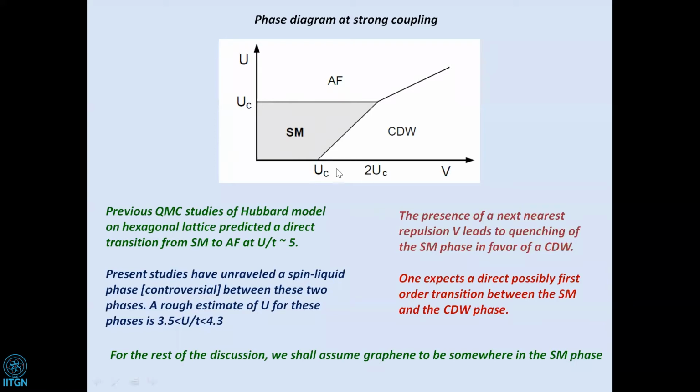And it is seen that you can have nearest neighbor interaction, which is this V, and on-site interaction, which is this U. And as you increase this U or V, you go either into a charge density wave phase, if V is strong compared to U, or into an antiferromagnetic Hubbard-like phase if U is large compared to V. Now, apparently, it turns out that the critical U, so suppose I set V to 0 and only put U, the critical U_C for transition from a semi-metal to an antiferromagnet is typically U over t equal to 5, and that's a very large on-site interaction.